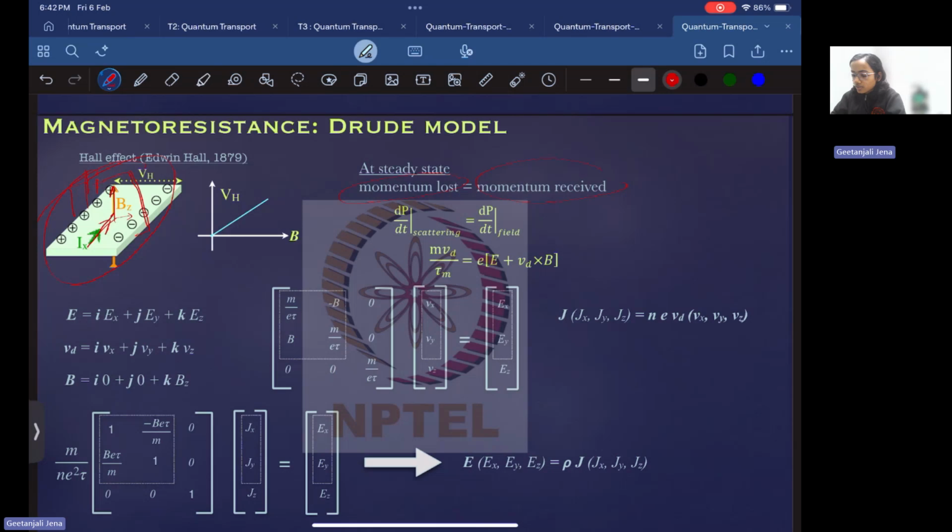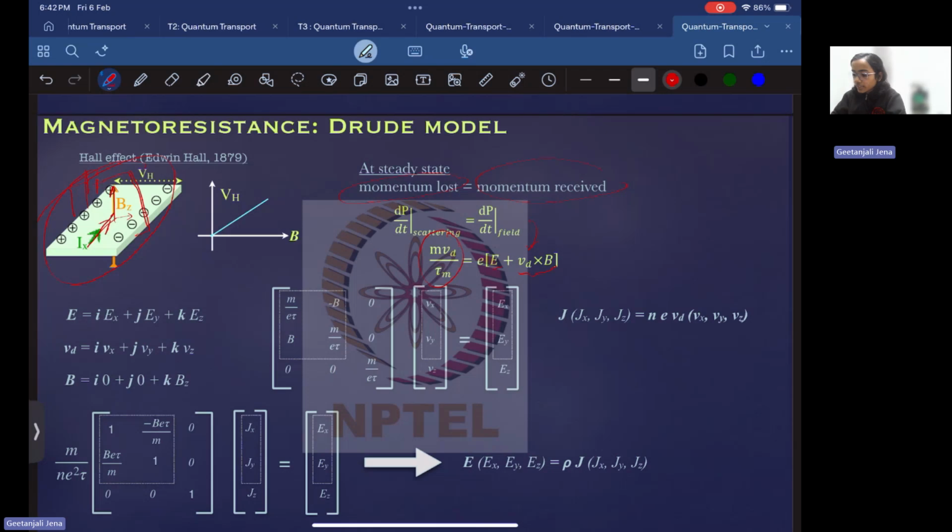The momentum loss, according to the Drude model, we can write as m v_d by tau m, where v_d is the drift velocity and tau m is the scattering time between two consecutive collisions. The momentum received is due to the electrical force, which is E times the electric field, and also the Lorentz force, which is v_d cross B.